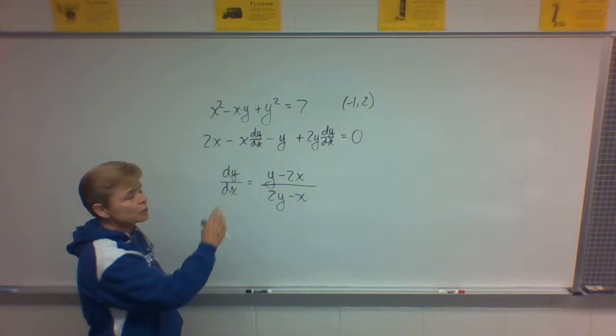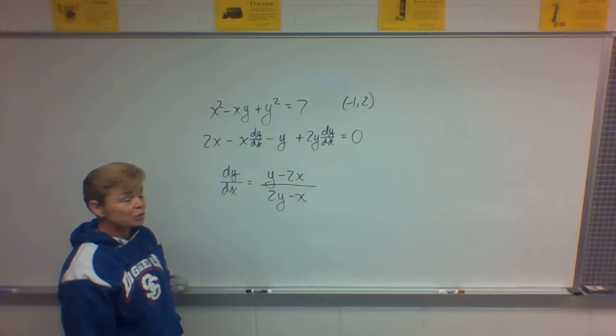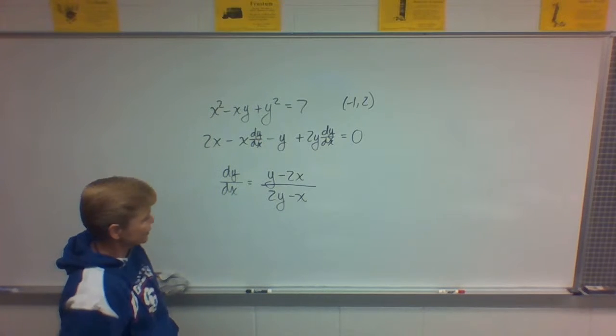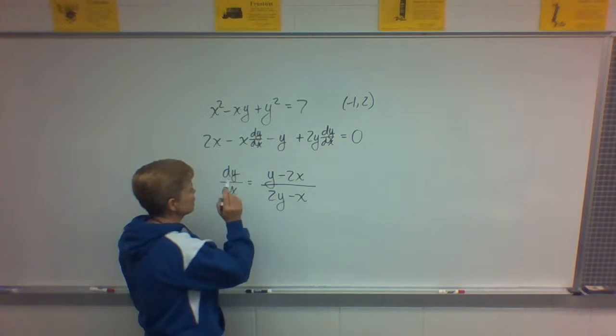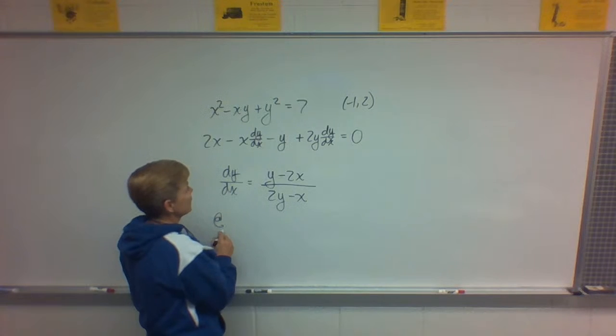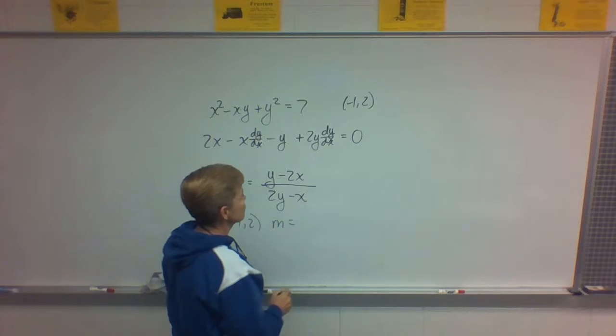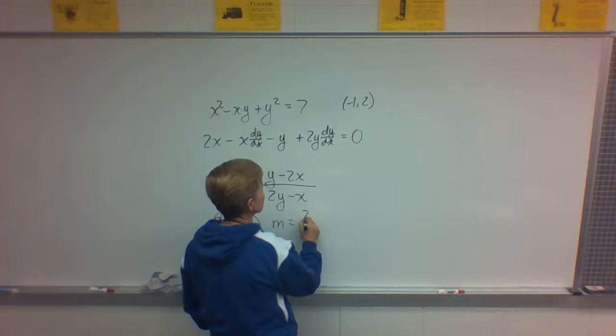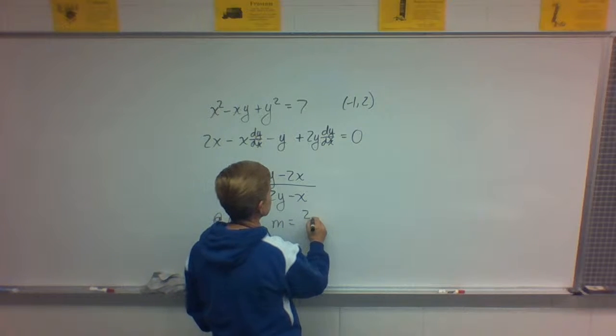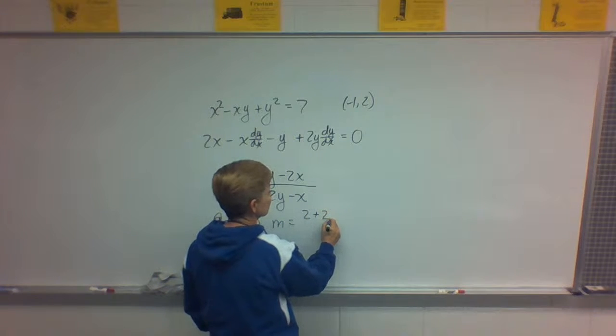So now I have a slope generator in terms of x and y. At the point (-1, 2), the slope m equals 2 plus 2, are you with me?